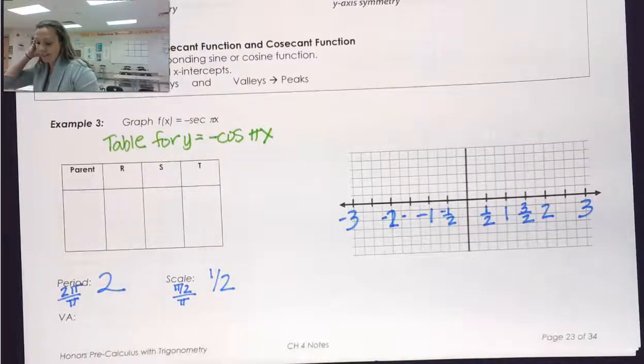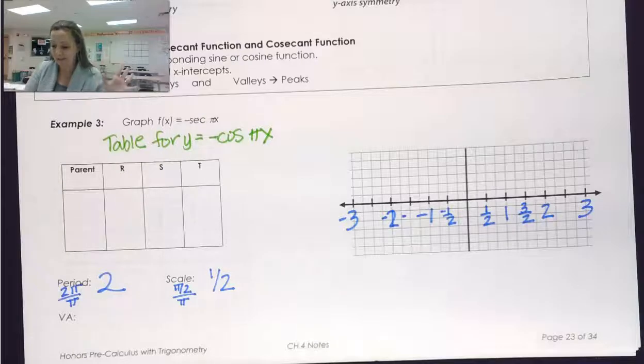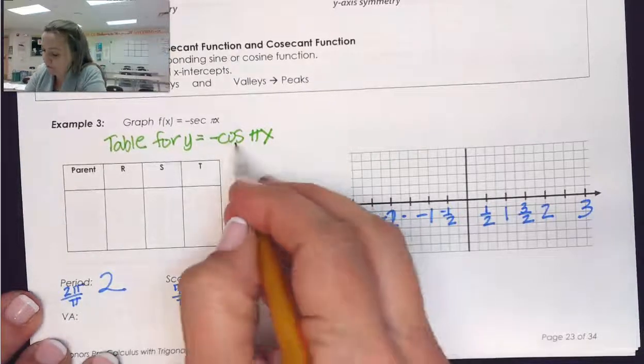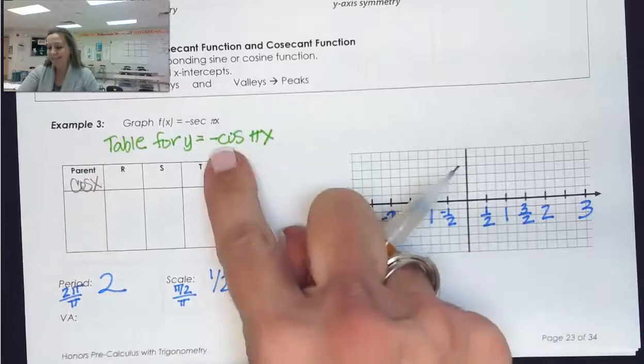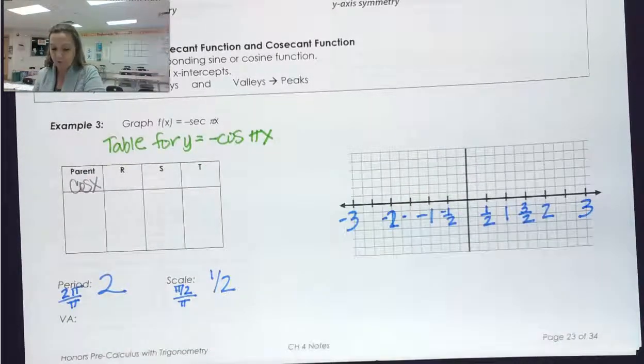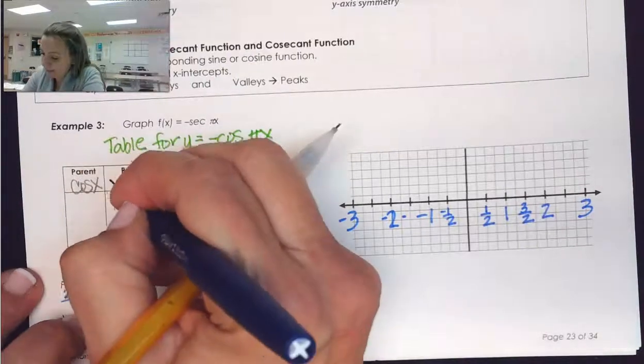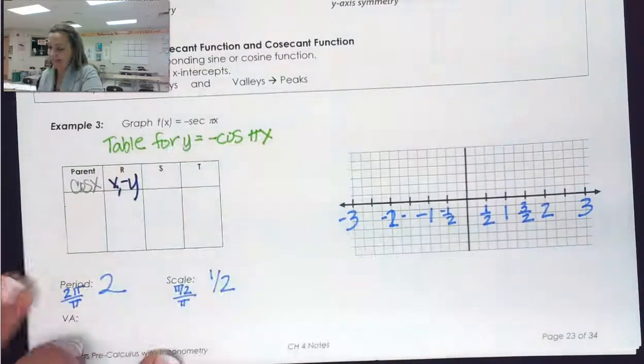Let's just plot the function before we look at where the vertical asymptotes are in this case. If we want to graph cosine of pi x, notice that this negative right here tells me that there's a reflection in the x-axis, which means that my y becomes negative.